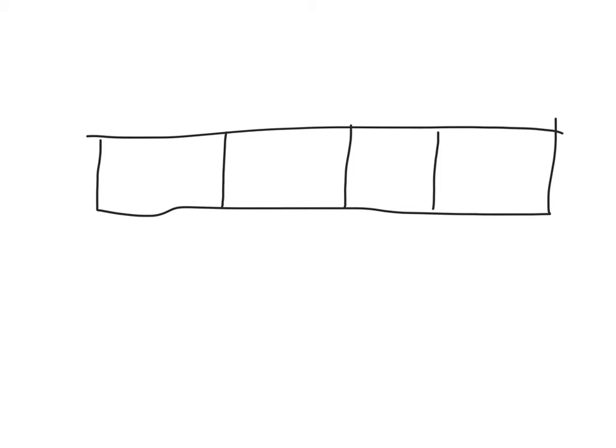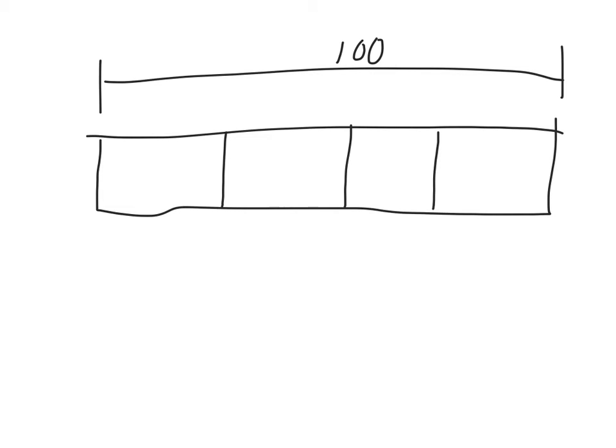Now let's take a look at this candy bar. Remember, this whole block is our 100%. How would we figure out how many percent each square is worth? Remember, a fraction is just part of a whole. So we have a whole and we have a part, which is the same way we find out a percent. So our whole is what we would do if we were to count our parts. So 1, 2, 3, 4.